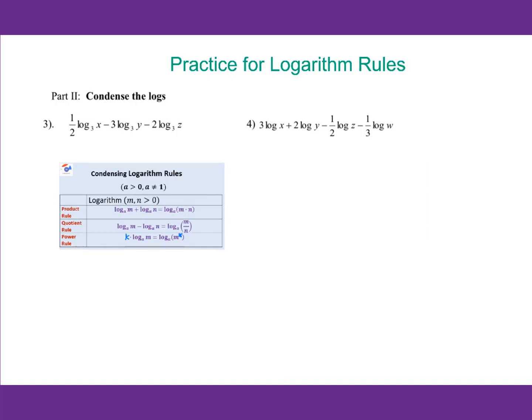Now go to number 4. Still, we need to clear the number before the log, so jump as exponent. You will get the common log of x to the 3rd power plus common log of y squared minus common log of square root of z.